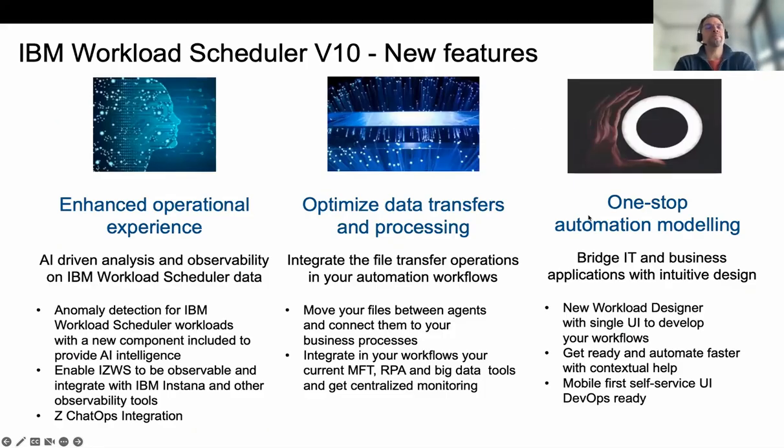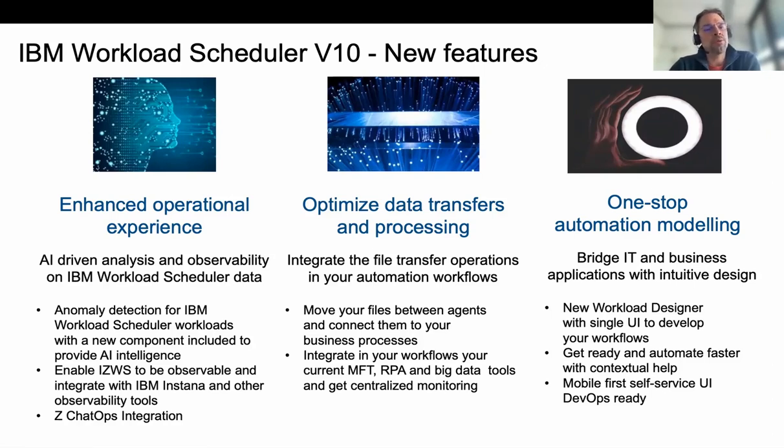Now let's look at some of the highlights of the new release that is packaged in the Service Automation Suite. The new release is version 10.1 of IBM Workload Scheduler, and the main themes are listed here. So the first theme is around enhanced operational experience. This is all about AI integration.